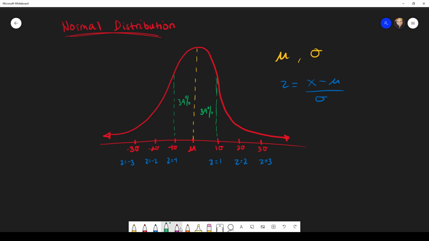So essentially, the data that lie within one standard deviation of the mean, that means below and above the mean, is 68% of the data. So you add the two 34%. So within one standard deviation, that is 68% of the data.